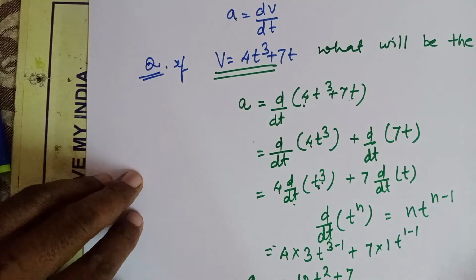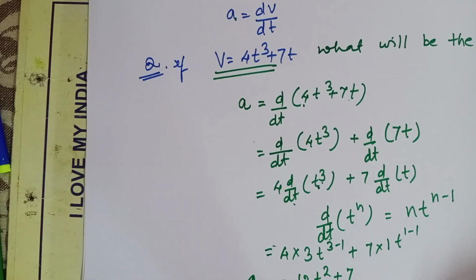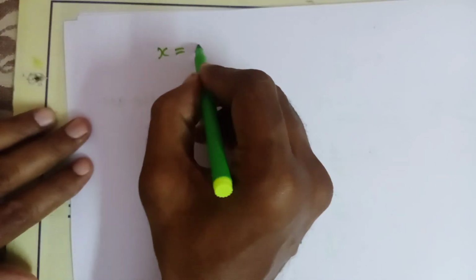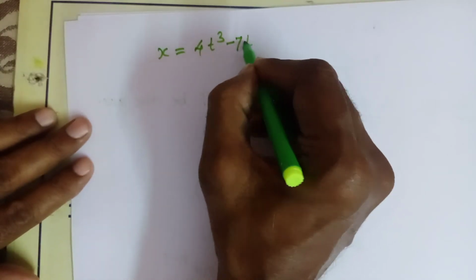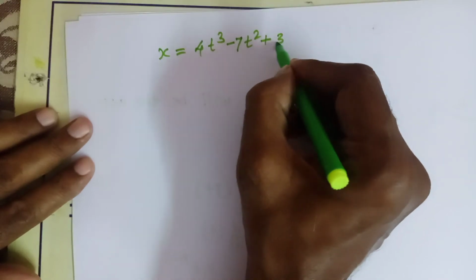Now see, we can develop acceleration from the simple displacement equation. For example, if x is equal to 4t cube minus 7t square plus 35, it is given.